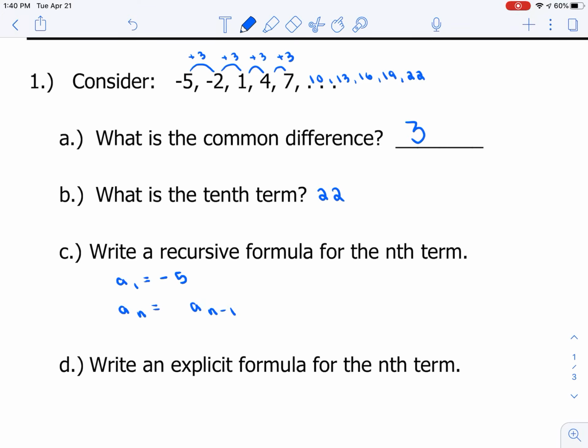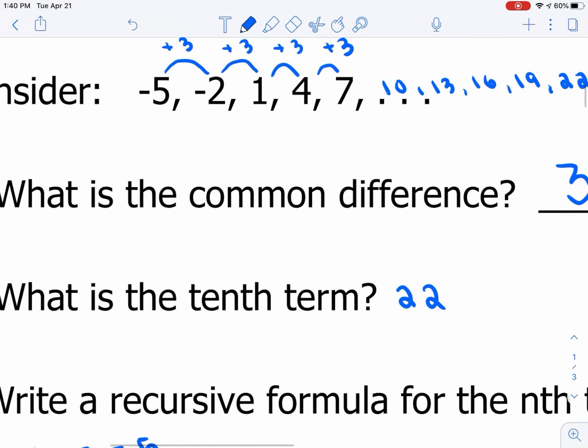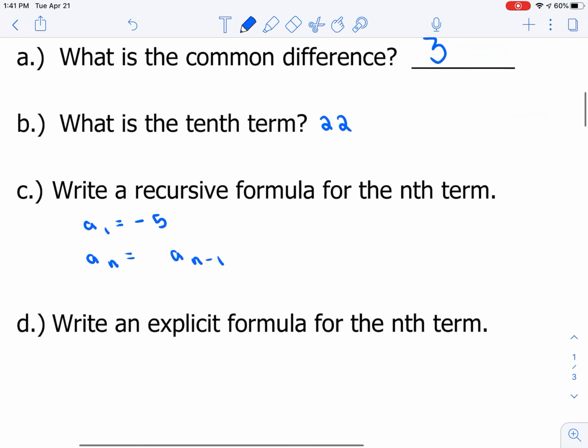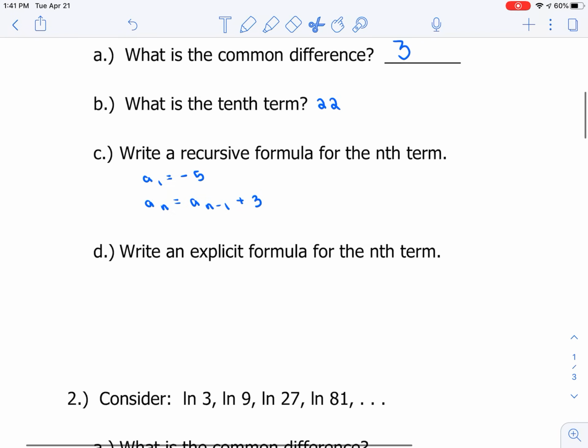Now, think about what do I do to the second term to get to the third term? What do I do to the third term to get to the fourth term? Every single time I take the previous term and I add 3 to it. So writing the recursive rule has not changed. That is still the same. What is going to be different for today's notes is when you're asked to write an explicit formula.